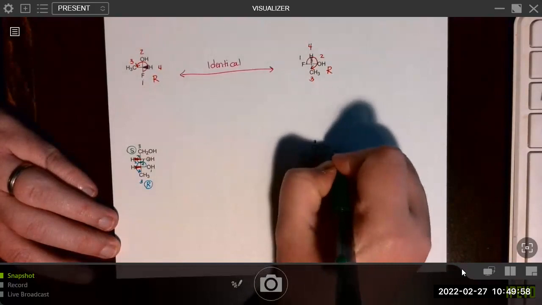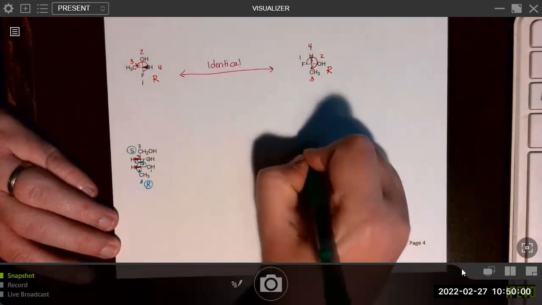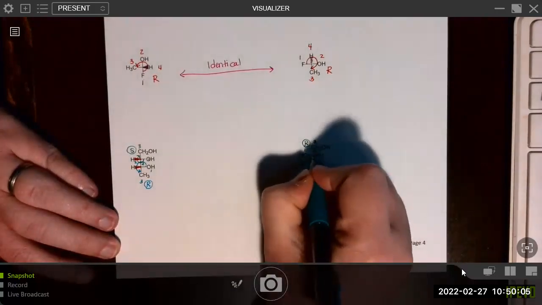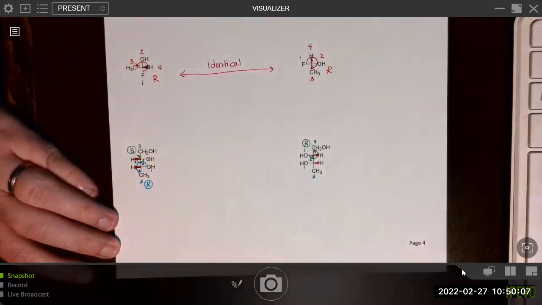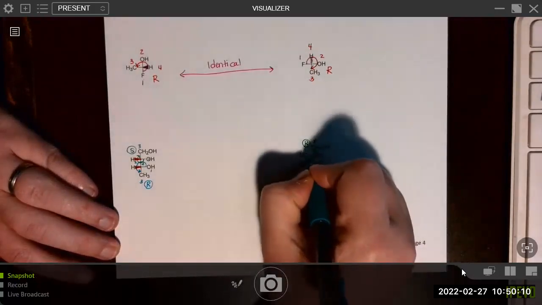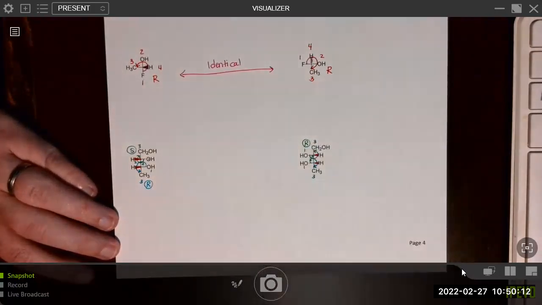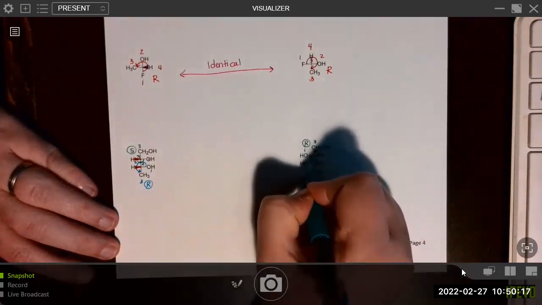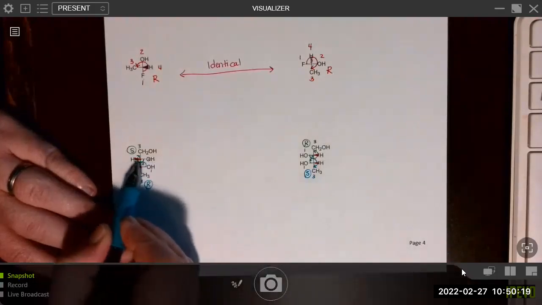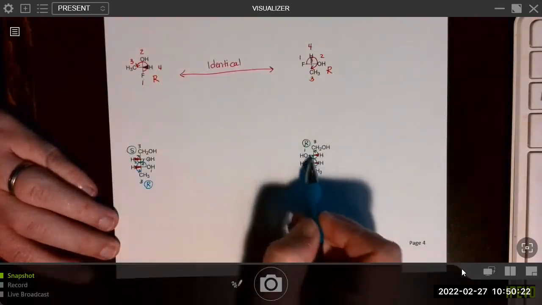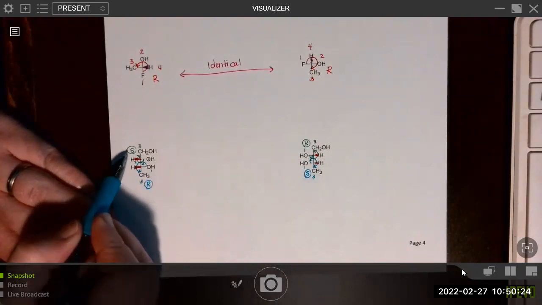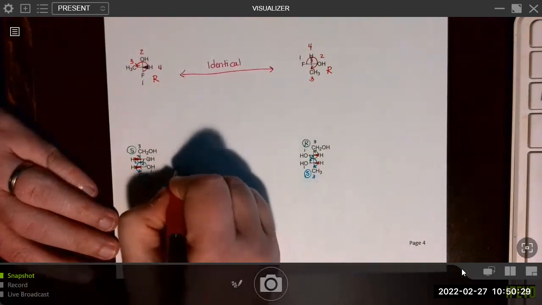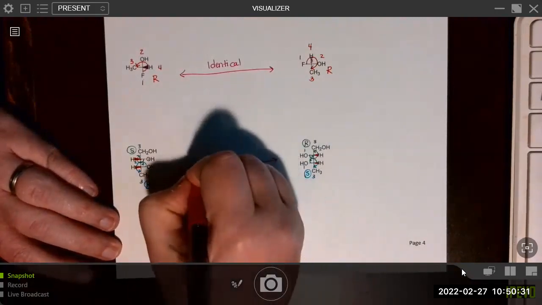It should be really clockwise and R. And on the bottom here, we have the oxygen as first priority, this carbon, and then this carbon. So 1, 2, 3. That looks like clockwise, but again, we switch it, so this is S. You can see that by switching the OH and the hydrogen, not surprisingly, we have switched the configuration from S to R and from R to S, which means that these are enantiomers.